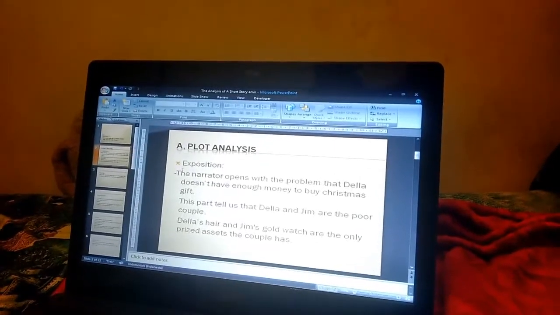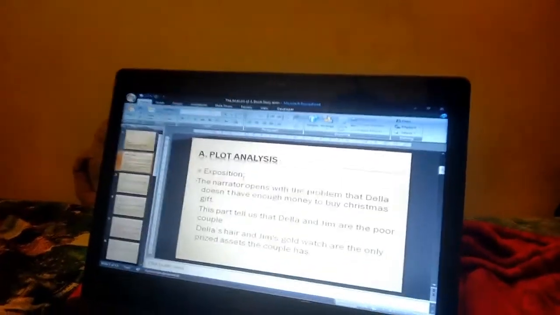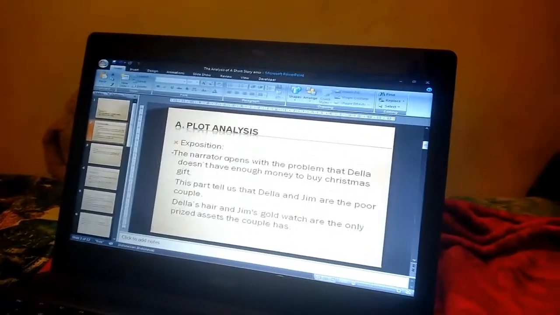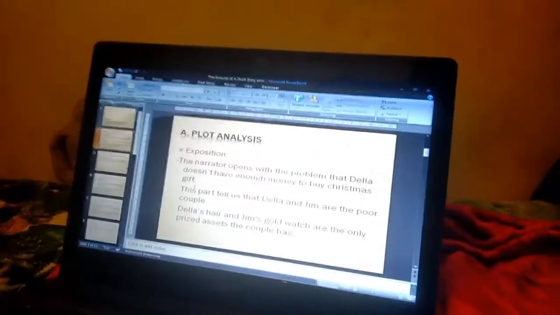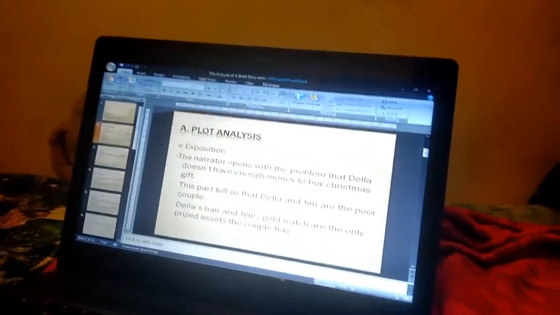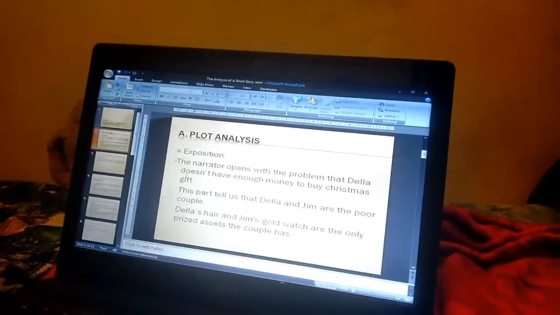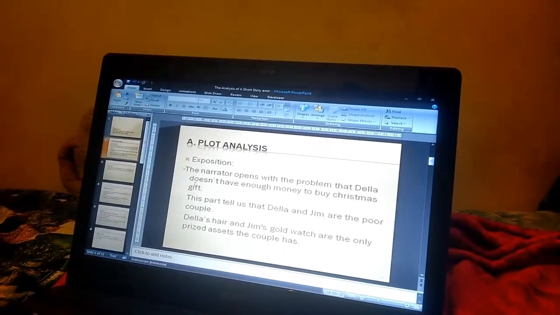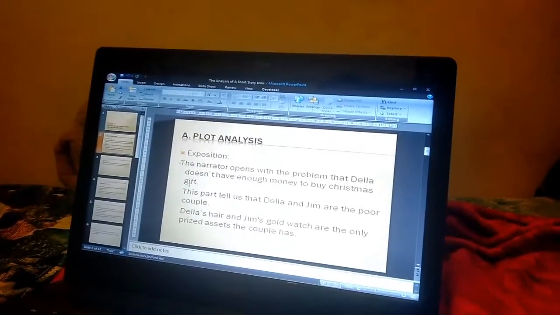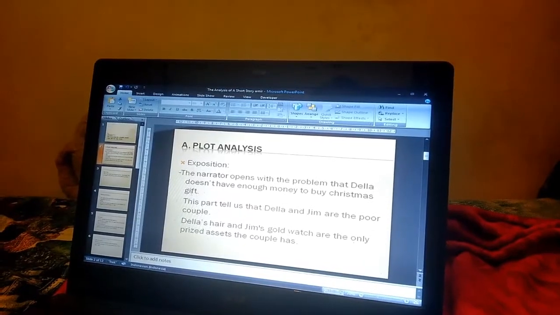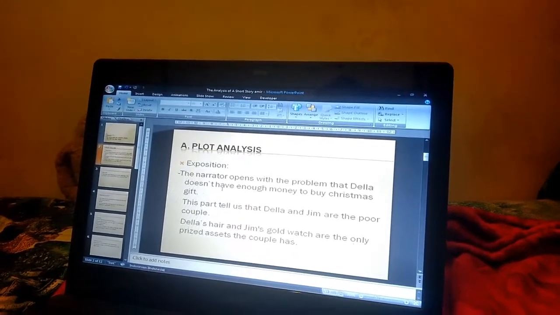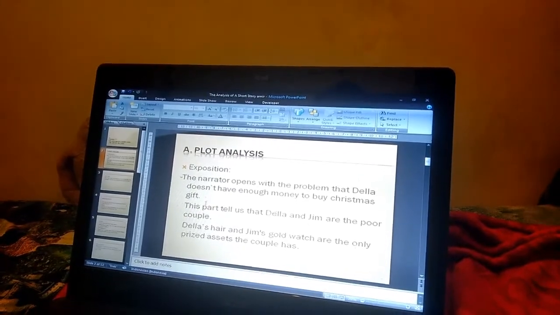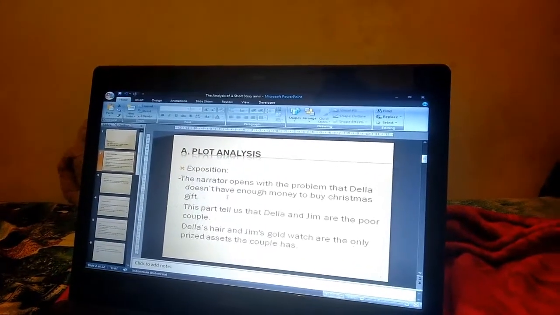In this story, the exposition begins with the problem that Della doesn't have enough money to buy a Christmas gift. The Christmas gift is the gift that she will give to her husband Jim.